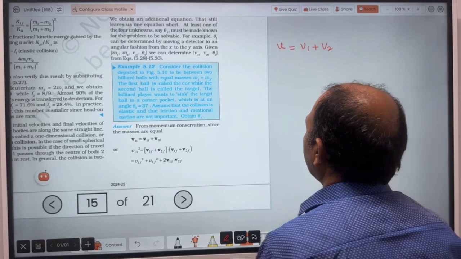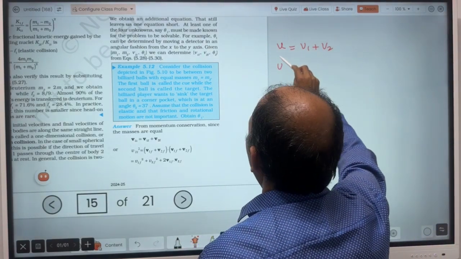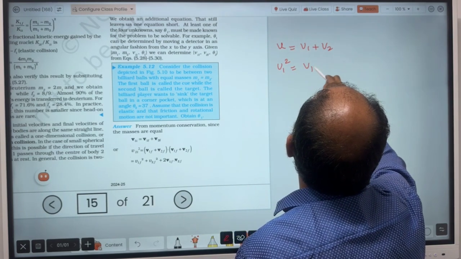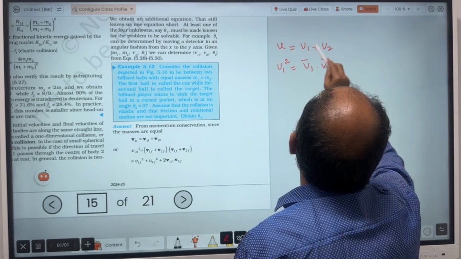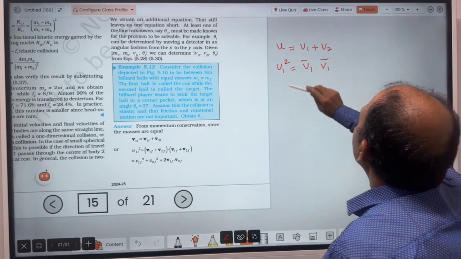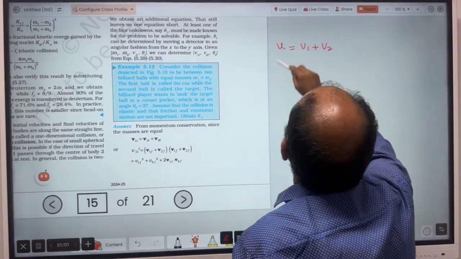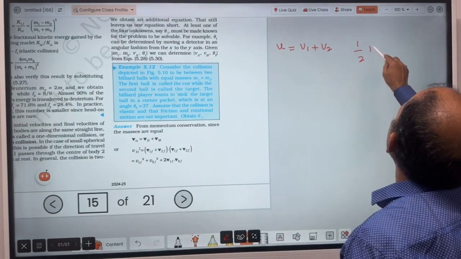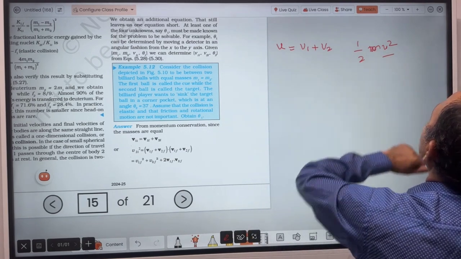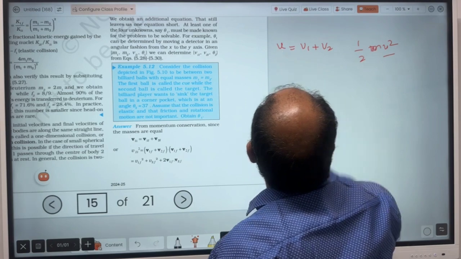And in terms of kinetic energy, v1 square we can write as v1 dot v1. Better to write in terms of u, so the initial kinetic energy will be half m u square, and when we have divided we got this. So we are considering that energy.